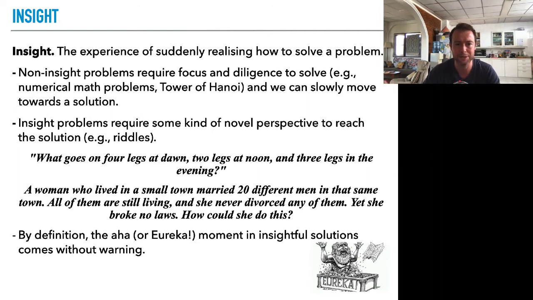Some other examples might be a couple of riddles. What goes on 4 legs at dawn, 2 legs at noon, and 3 legs in the evening? As you're thinking about a possible solution, it's unlikely that you feel you're progressing towards the goal. It should suddenly pop out at one moment.